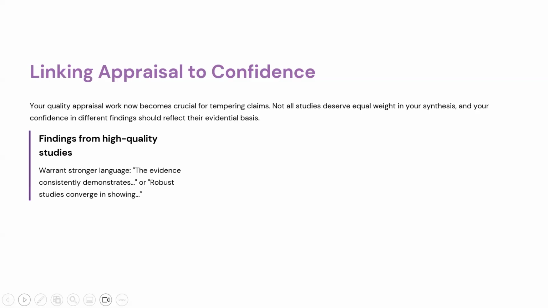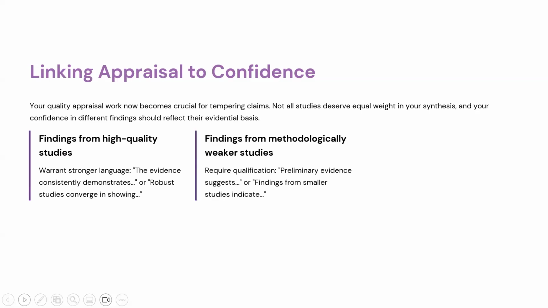If we're looking at findings from high quality studies, these will warrant stronger language. For example, you would say things such as "the evidence consistently demonstrates," or "robust studies converge showing that..." If we're looking at findings from methodologically weaker studies, these might require more qualification.